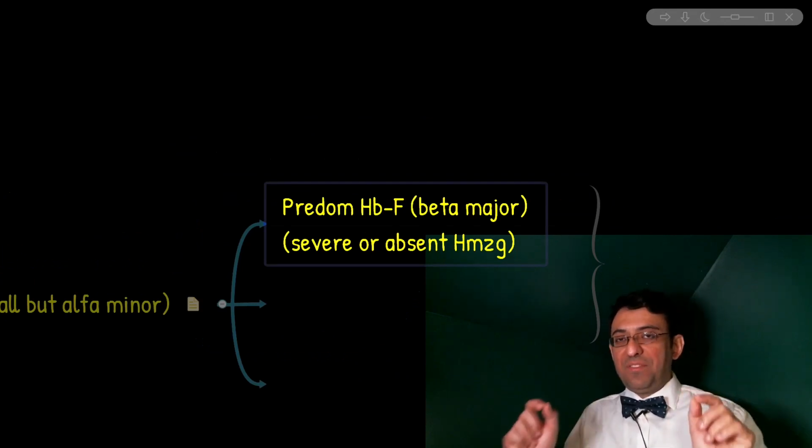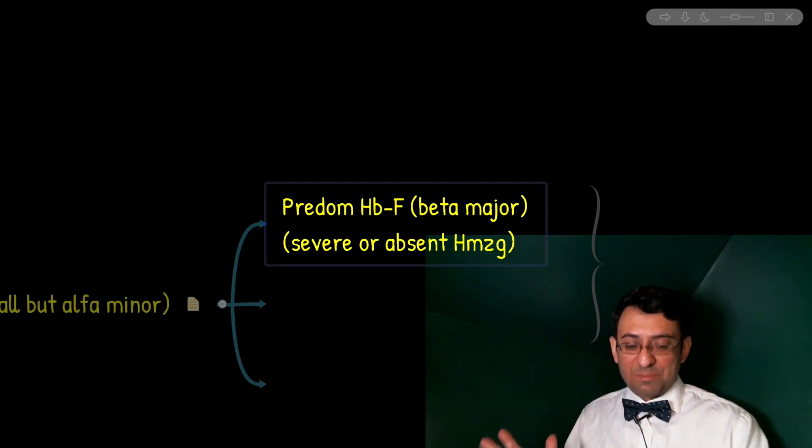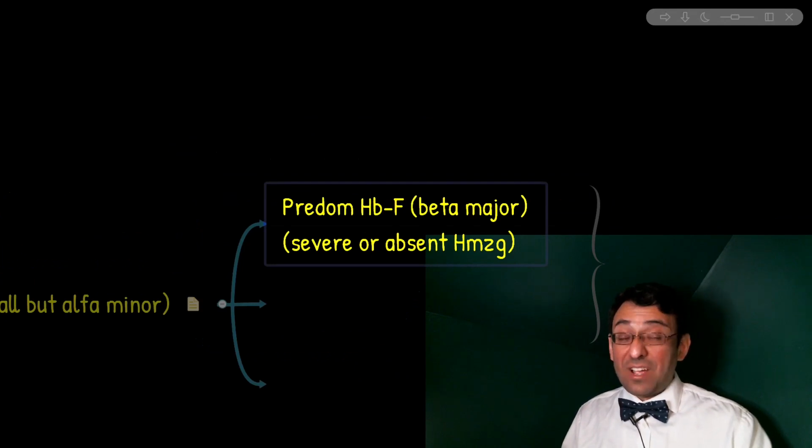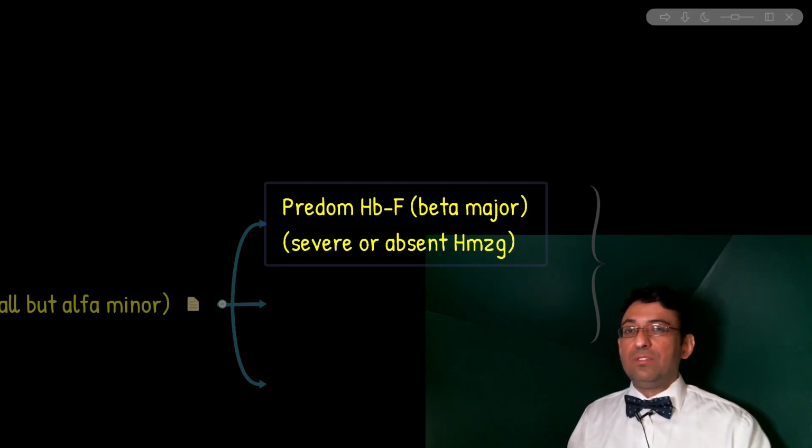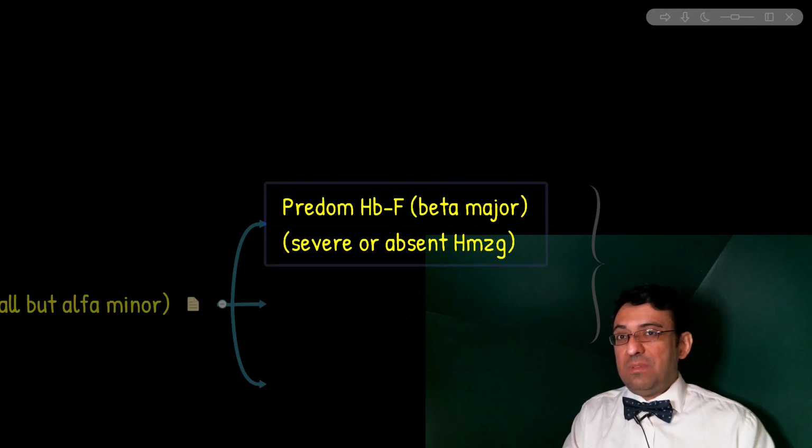Now, the very final, and perhaps the end of this exciting algorithm is how are we going to differentiate beta thalassemia minor from beta thalassemia intermedia and beta minor from alpha minor.